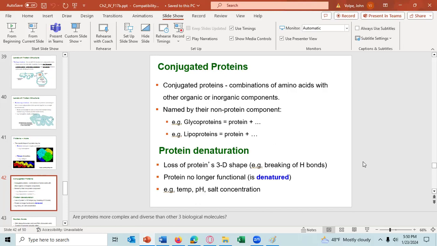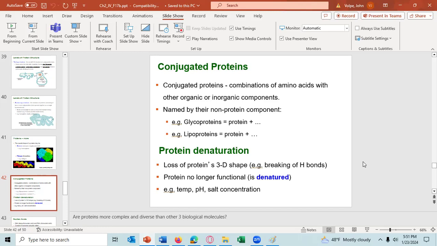Usually a sugar. You can have a lipoprotein. This is a protein combined with a lipid. And these are just different ways of having more complicated proteins. Have the protein bind to another molecule. Any question about any of that?